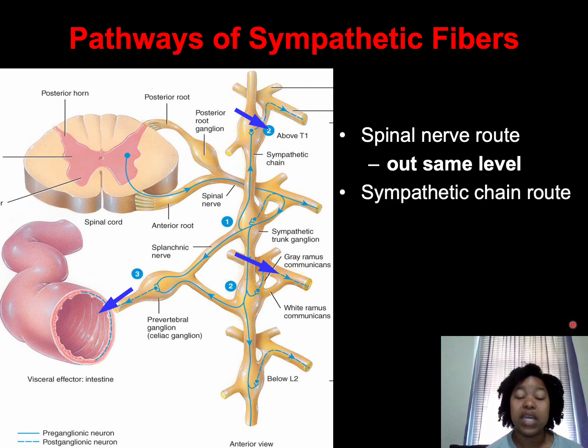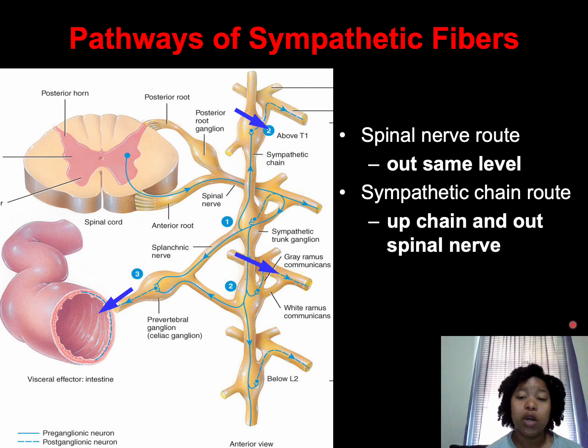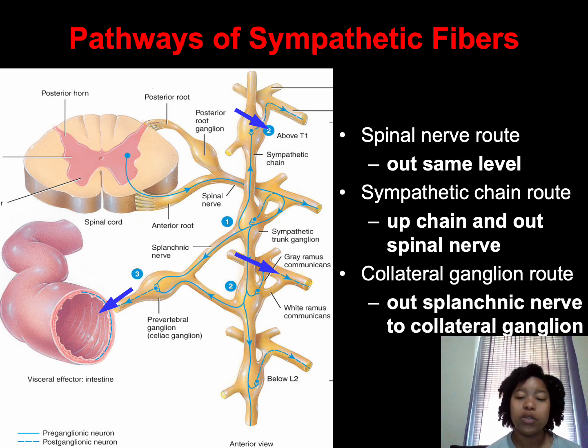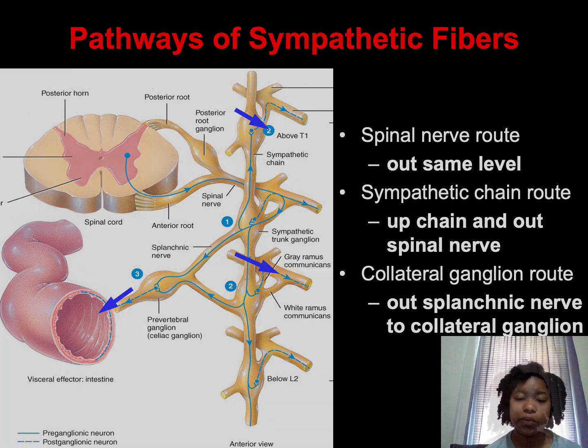It'll have sympathetic chain root though, where it can go up a chain and out of a spinal nerve. So that would be like it traveling in and then coming out at a different level that's present here, right? It goes in and it communicates with whatever it needs to, and then comes out at an appropriate place. Or it's got the collateral ganglion root, which is where it goes out the splanchnic nerve to a collateral ganglion.